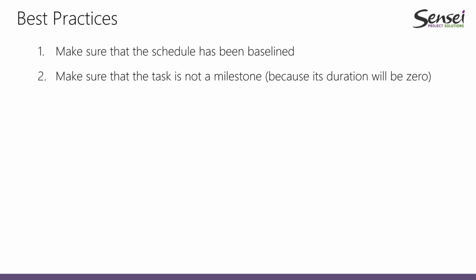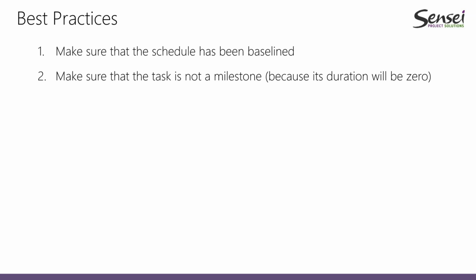Those are the two items that we need to take into consideration, the two best practices when we are creating our schedule variance indicators or any other indicators that will be using fields in Microsoft Project. So we might be talking about creating a cost indicator, discovering the percentage of the cost variance or the work variance. It doesn't really matter.